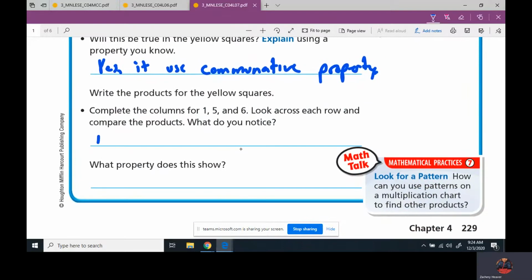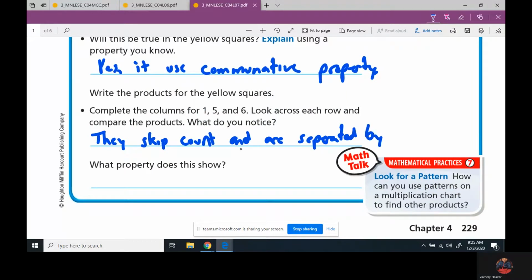They skip count and are separated by the row number.